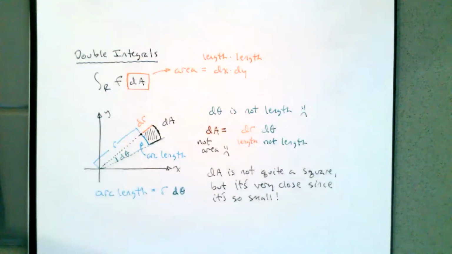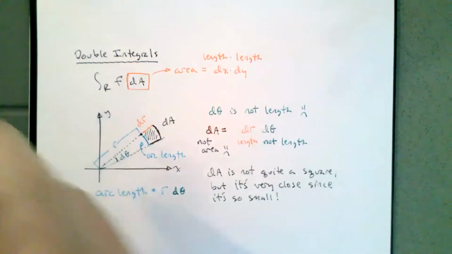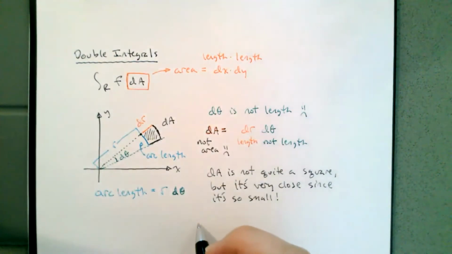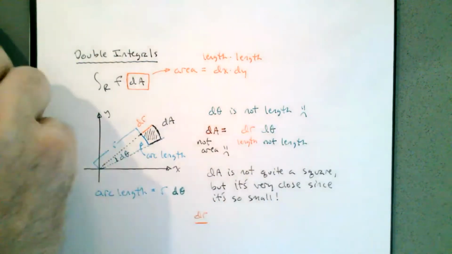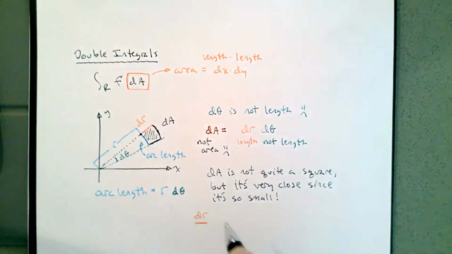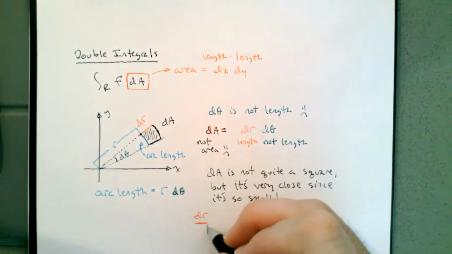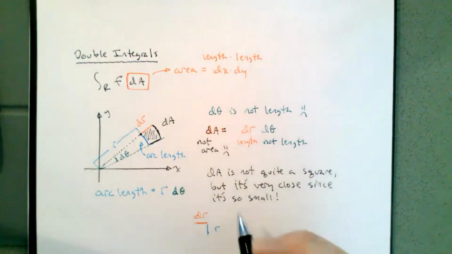So dA is not quite a square, but it's very close because it's so small. I'm going to imagine it as a square where one side is dr and the other side is the arc length, which is r times d theta.